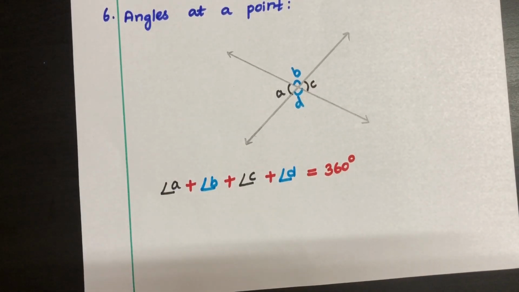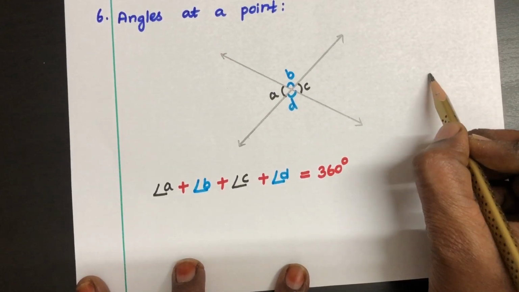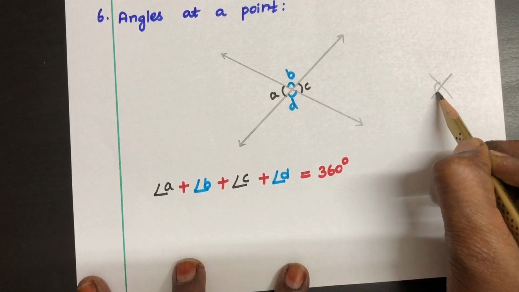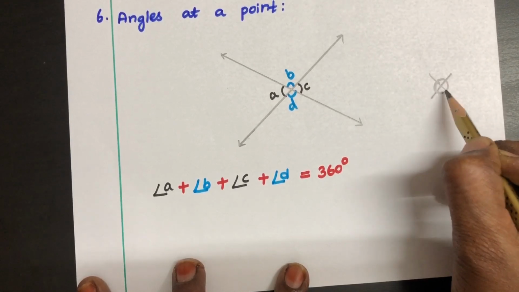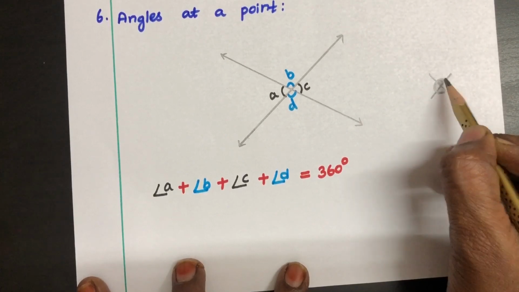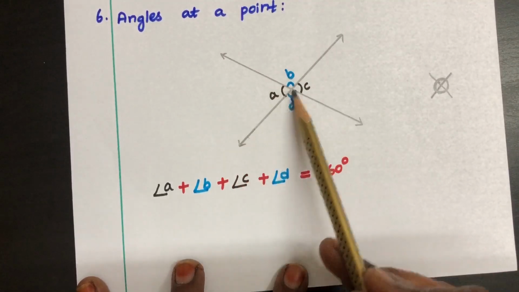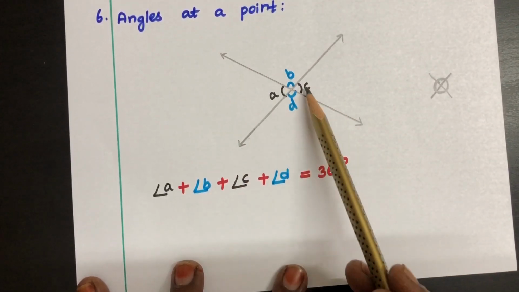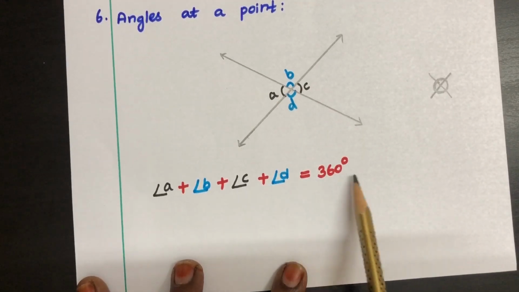Full circle means the degree should always be 360 degrees. The angles formed everywhere, if you take all the angles, it is a full circle, and a full circle is always 360 degrees. So, angles at a point. At the point of intersection, if you add all the angles formed, they will sum up to 360 degrees. Thank you.